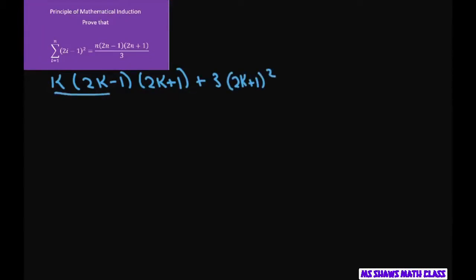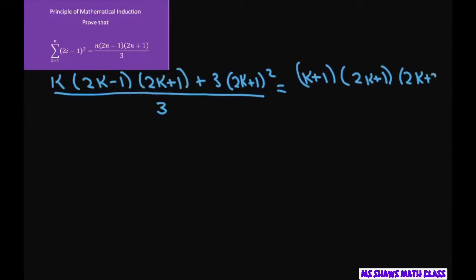So basically what we have is k times 2k minus 1 times 2k plus 1 plus 3 times 2k plus 1 squared all over 3 equals k plus 1 times 2k plus 1 times 2k plus 3, all divided by 3.